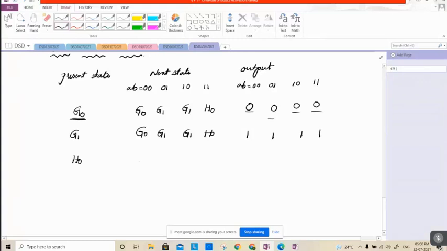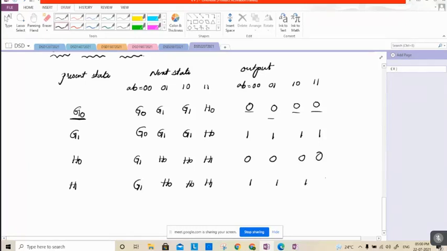You'll get clarity while doing this. H naught, H naught, H1. So for this again it is 0. But for H1 you will be getting the same states.